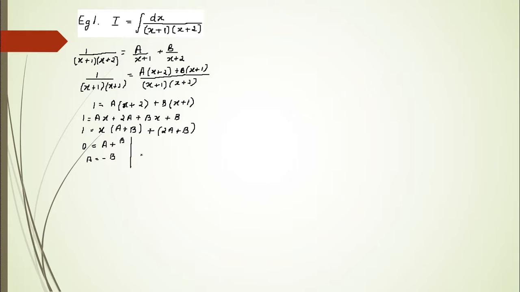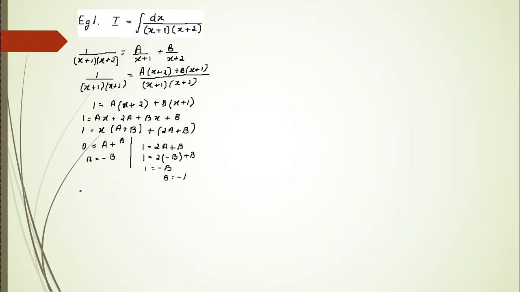Now comparing the constants on both the sides, I have 1 is equal to 2a plus b. Now putting the value of a, I have 1 is equal to 2 into minus b plus b. Therefore, I'll get 1 is equal to minus b or b is equal to minus 1, right?